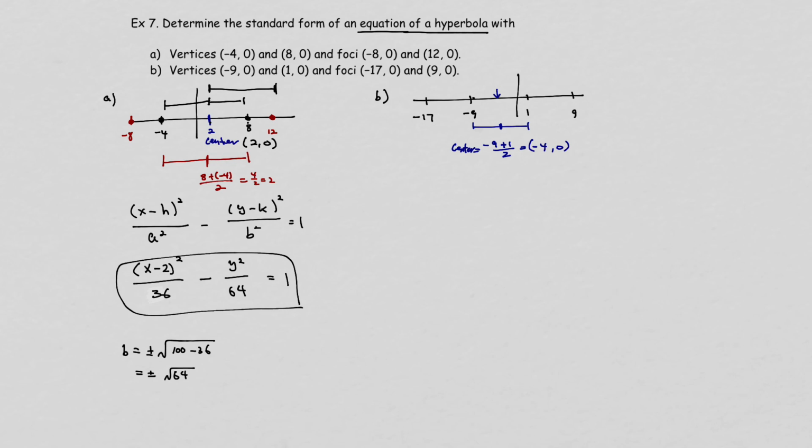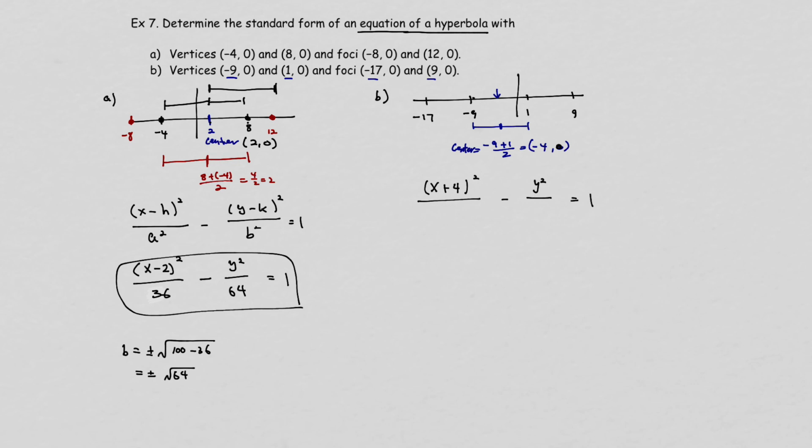And again, all these value changes are in x. So you're going to write x first. So you will have x plus 4 squared over a, and then y minus 0, so it will be y squared over b equals 1.